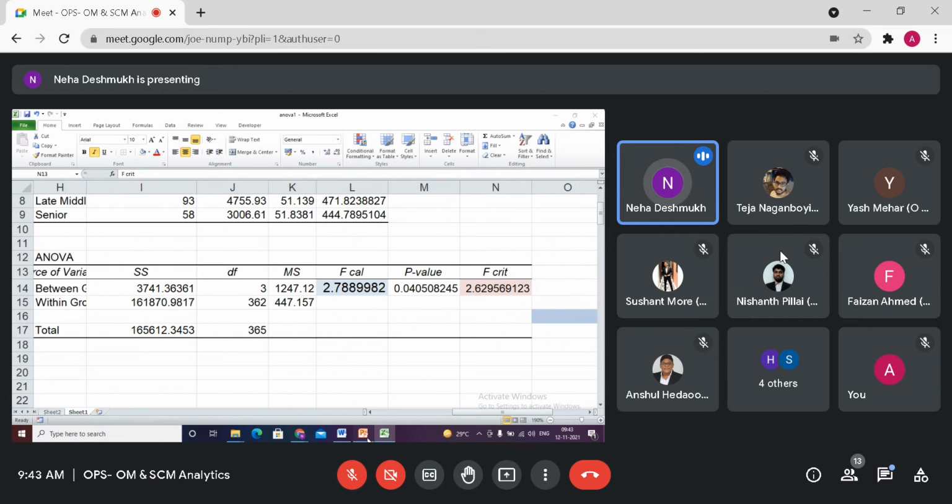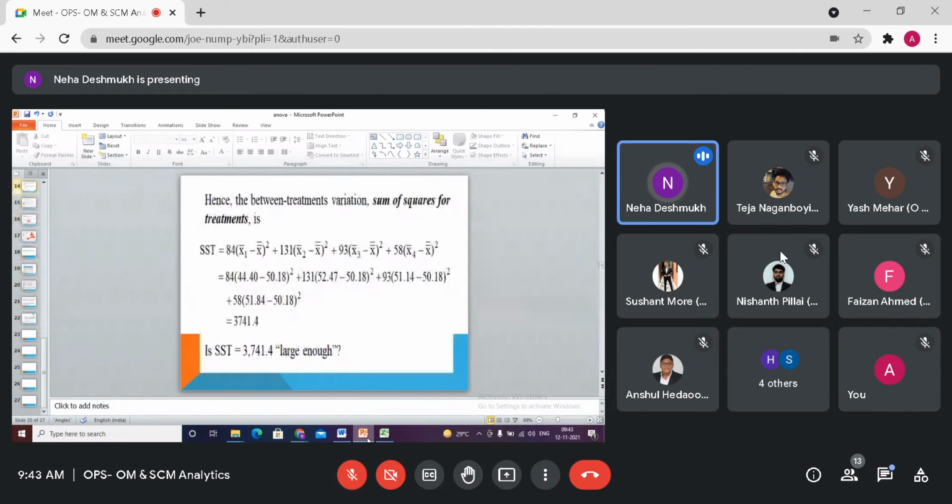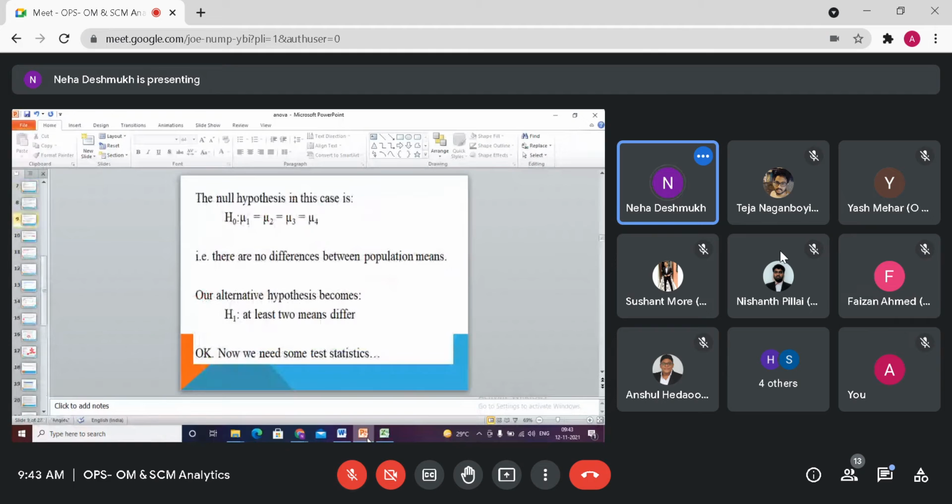What is our alternative hypothesis in this case? The alternative hypothesis means at least two population means have a difference.